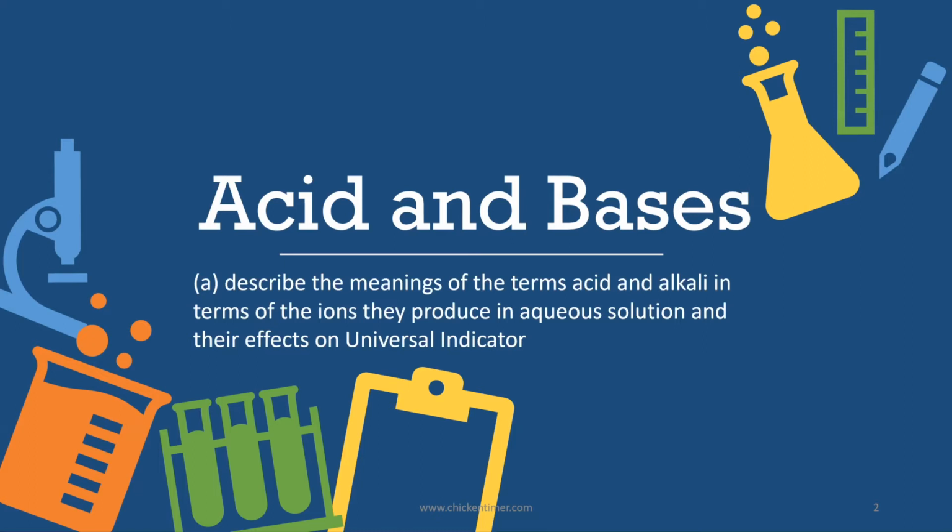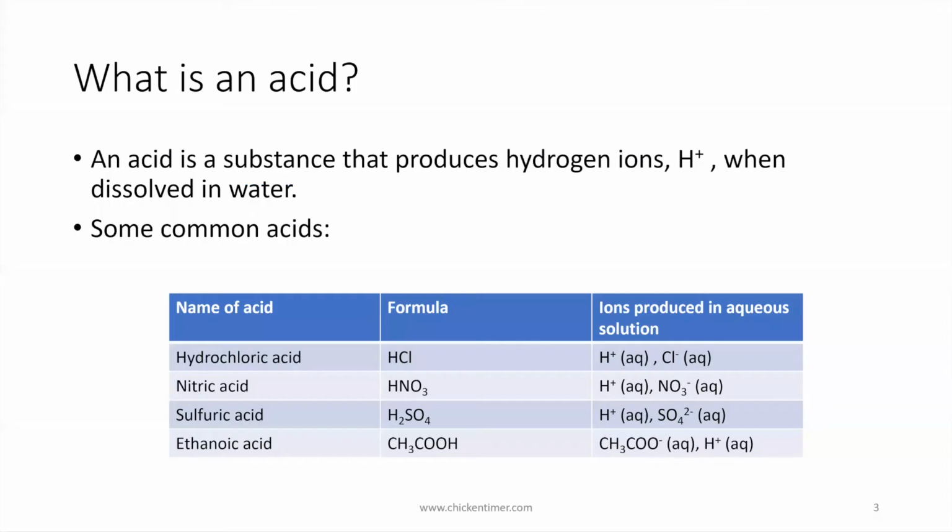Then you have to recognize them by the type of ions they produce when they are dissolved in water. You also need to know how these two things affect the universal indicator. So we have these two things now.